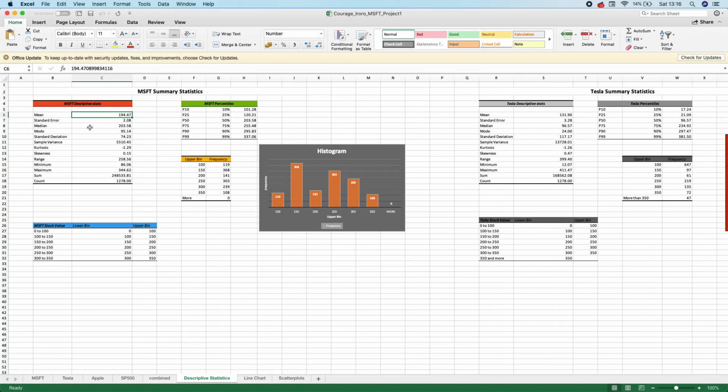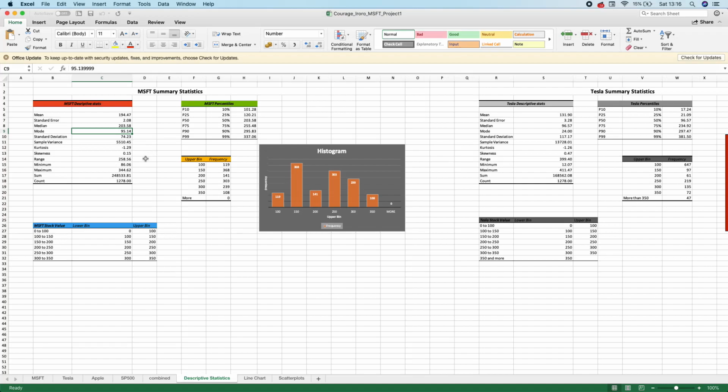We can also see the median value as well, which is basically the middle value in the distribution, and we can see that that is pretty high as well. It is 203.58, which is the stock value. And also these numbers were shortened, so you can actually see the actual value at the top. So that is the complete value. And then the mode as well, the most frequently occurring stock value in the data set for Microsoft.